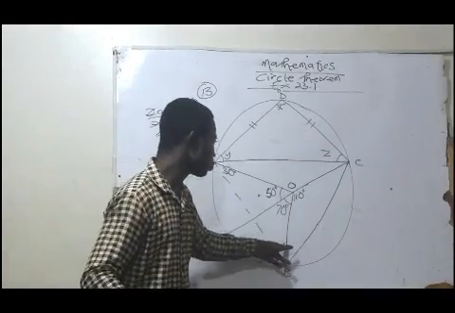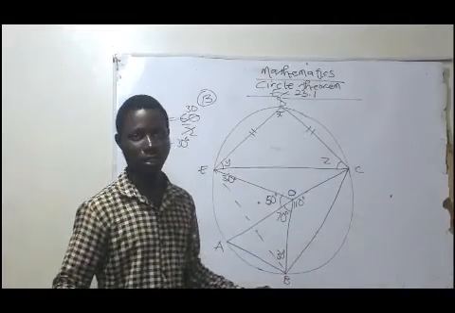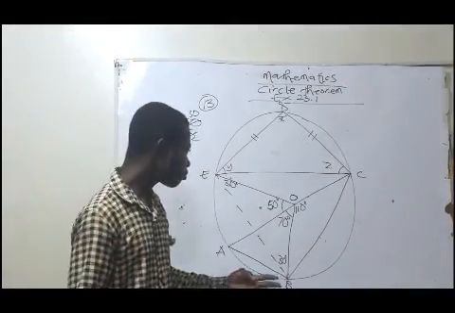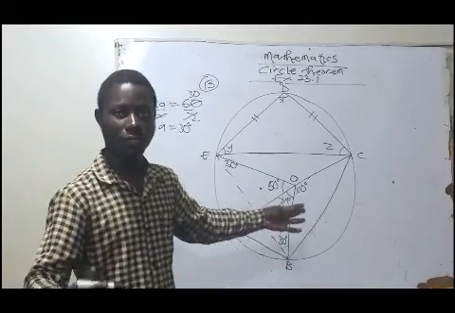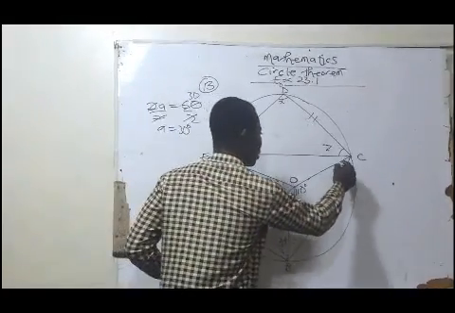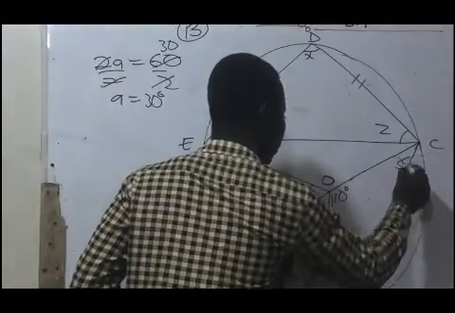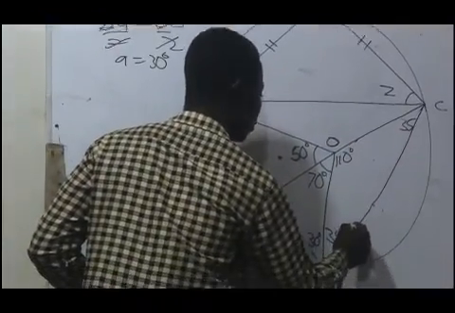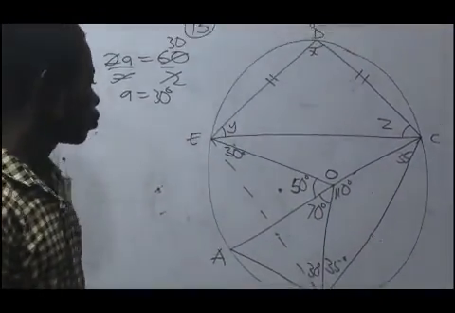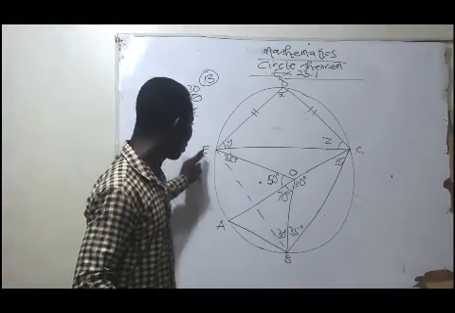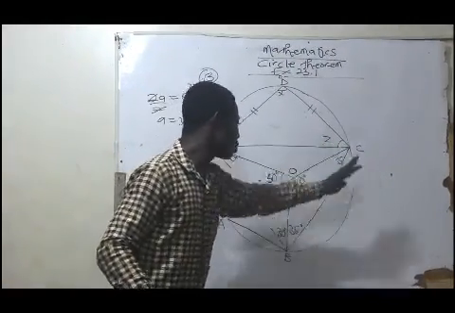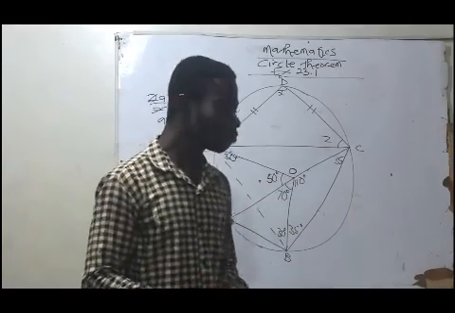So these two angles, when summed up, give us 70. When we divide 70 by 2, we get 35. Each of the angles here is 35. So we now have angle EBC.